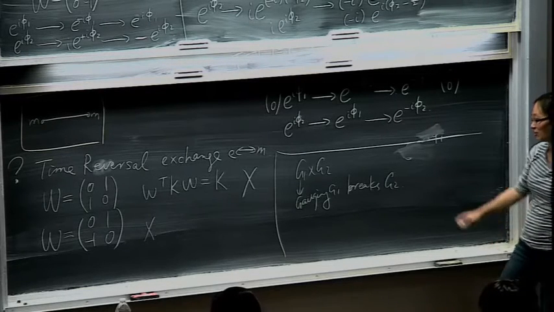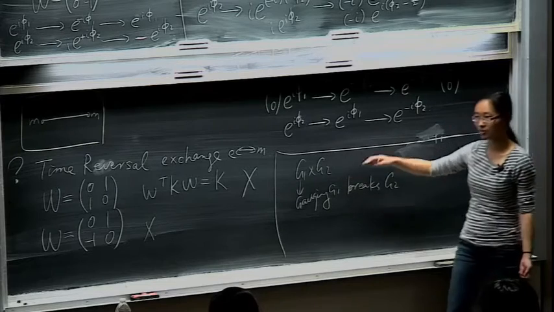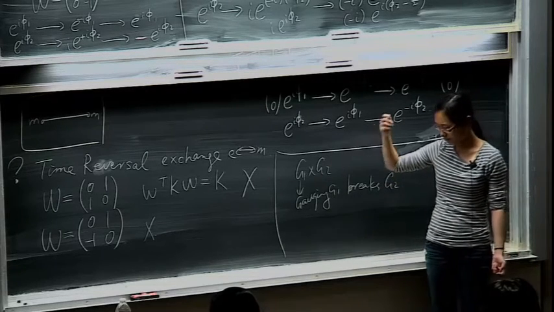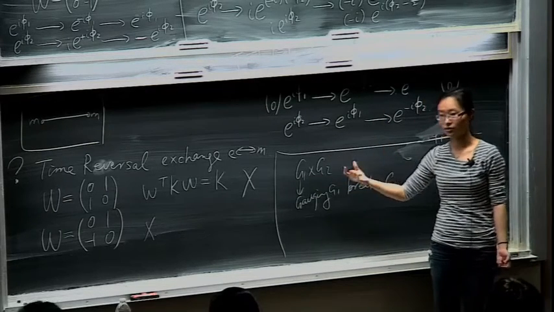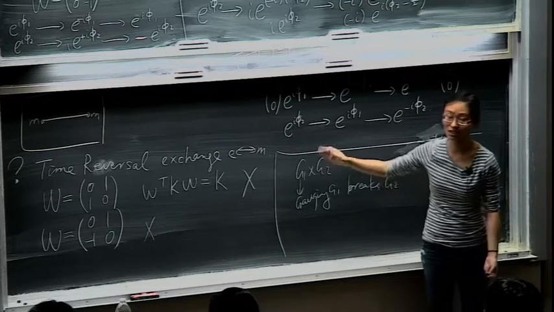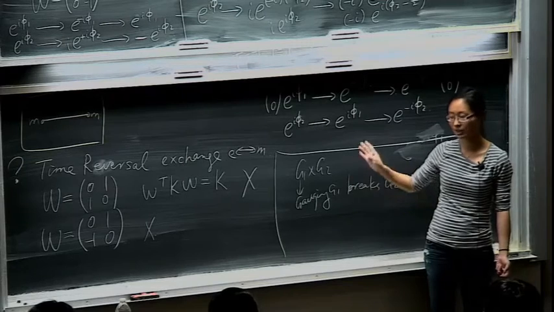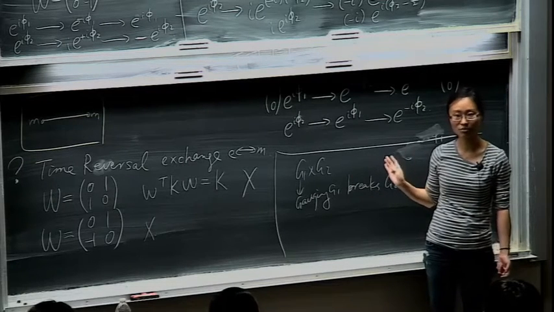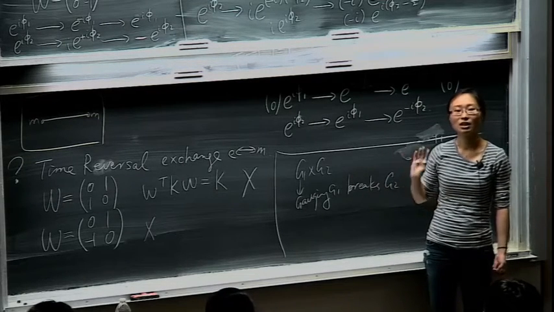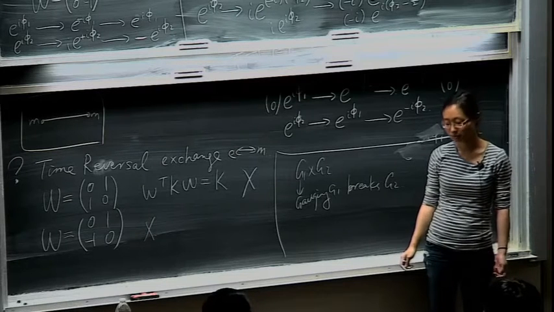Because if this can be realized in a two-dimensional model, we should be able to gauge G1 without breaking G2, and then further gauge G2, and in the end gauge everything. But if we can only do part way, and we gauge G1, it already breaks G2, we cannot complete the full gauging process. Then there's something wrong with it.